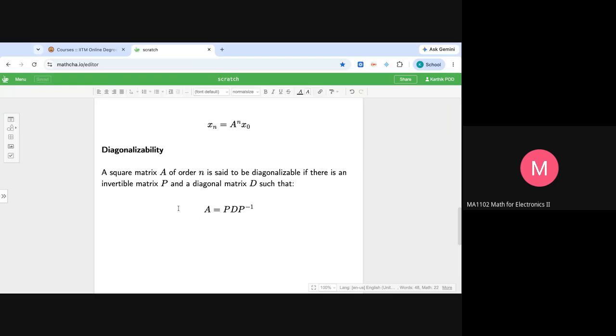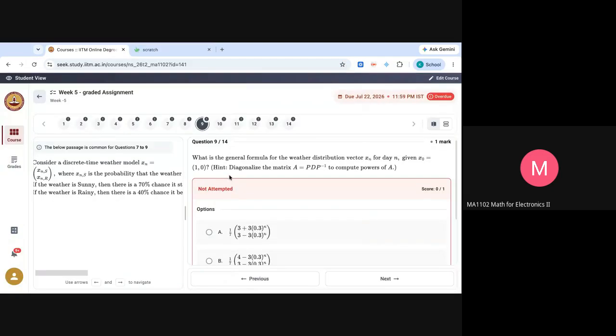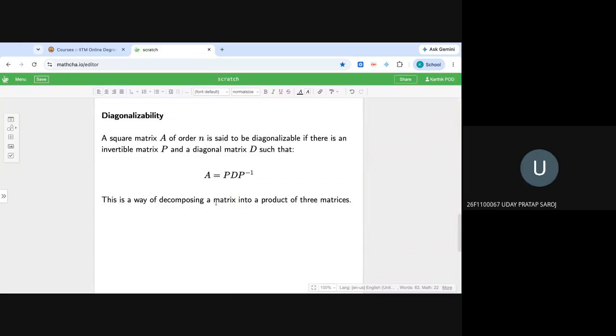This is a way of decomposing a matrix into a product of three matrices, which are slightly simpler matrices. A diagonal matrix is quite simple, only the main diagonal elements are non-zero. P need not be simple, but still.